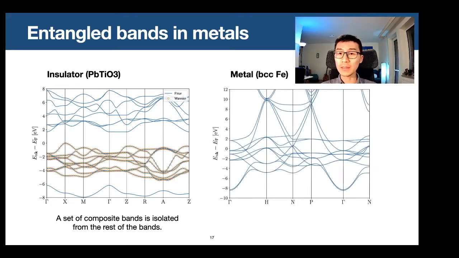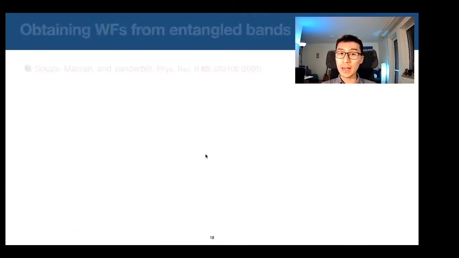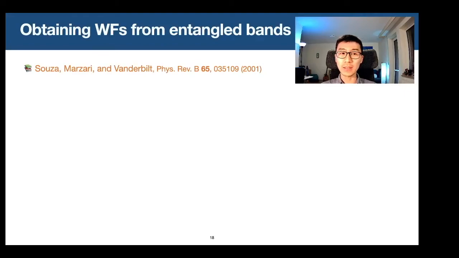But for metals, there is no such gap, and the bands are always entangled with the rest. So we have to do something to deal with these entangled bands, and a prescription is needed. This method was developed by Ivo Souza and his colleagues in 2001, and the prescription is now called disentanglement.